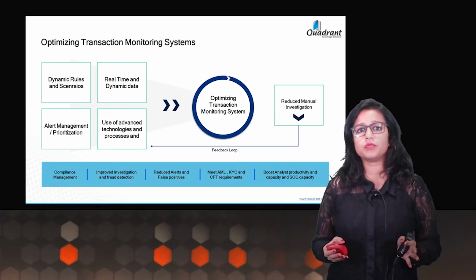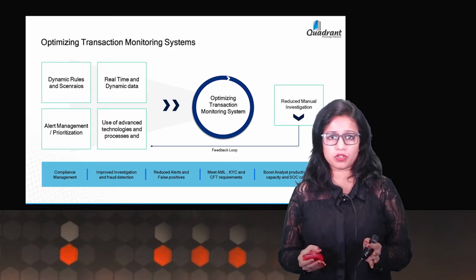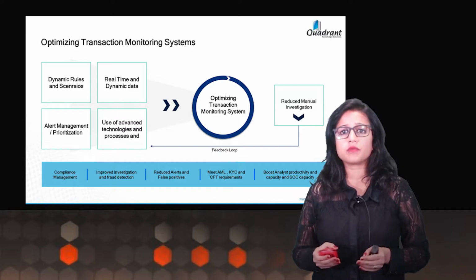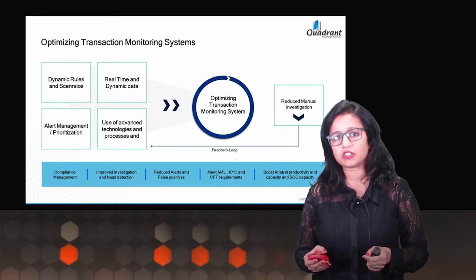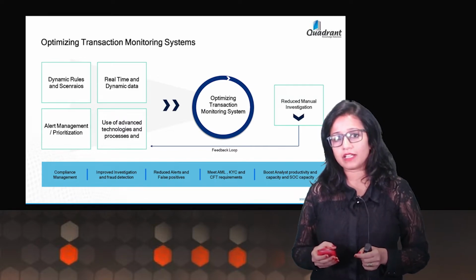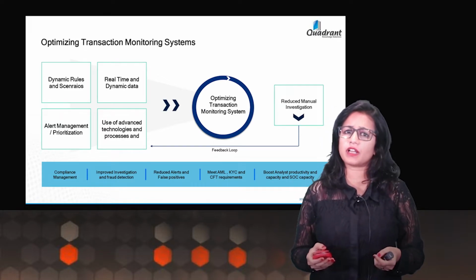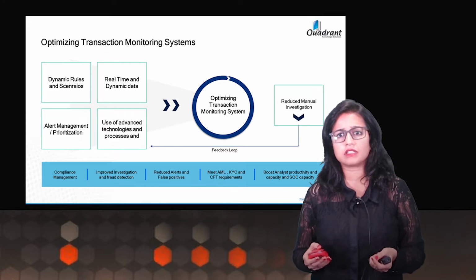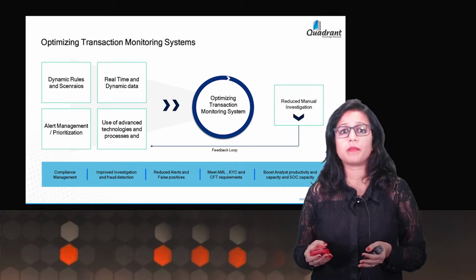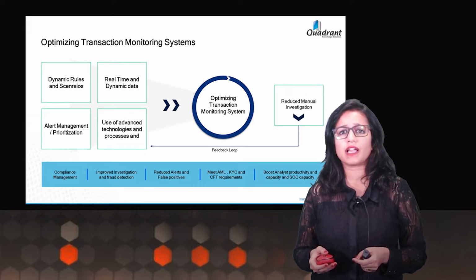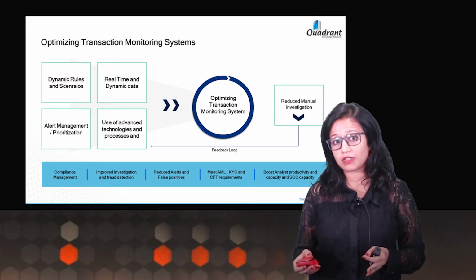So why do we need to optimize transaction monitoring? Here in this slide I've tried to focus on some of the key elements that drive transaction monitoring optimization. We already know that transaction monitoring helps FIs to reduce false positive alerts and costs related to manual review. But optimizing transaction monitoring drives optimal client segmentation.